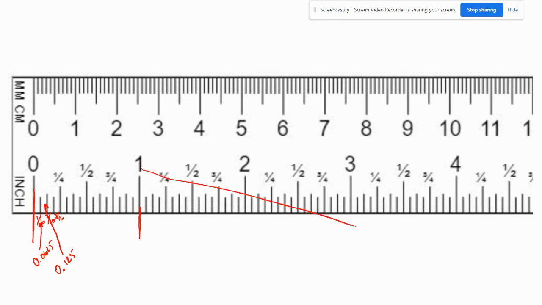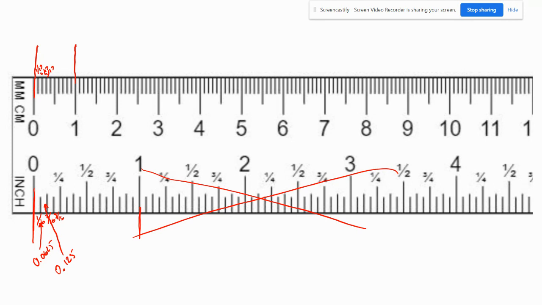In my case, I'm not going to be using inches. I'm going to be using centimeters. Millimeters are part of centimeters, but looking in between each of my numbers, if you count how many spaces, there are 10 of them. As a fraction, the first one is 1 out of 10, the second one 2 out of 10, 3 out of 10, 4 out of 10, on and on.